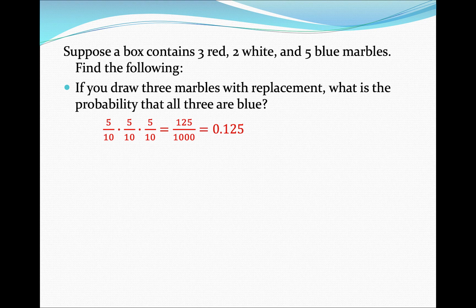So we multiply that across, we get 125 over 1,000. That gives us a probability of 0.125.